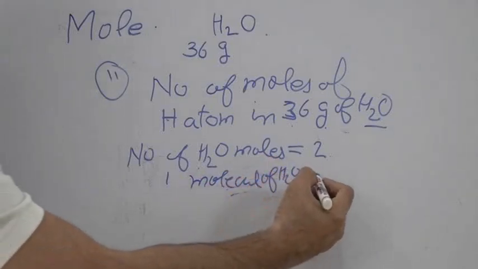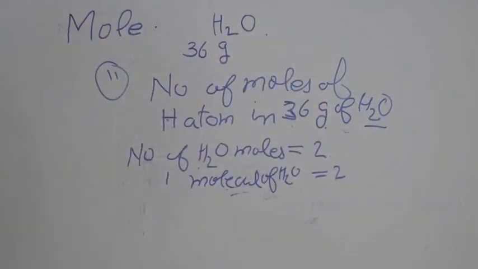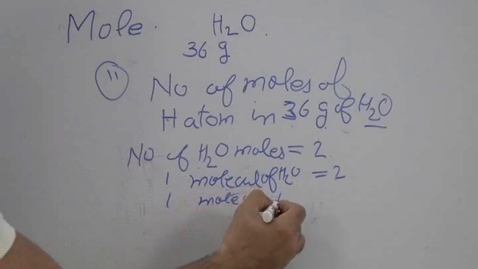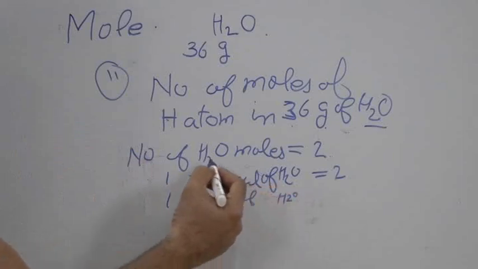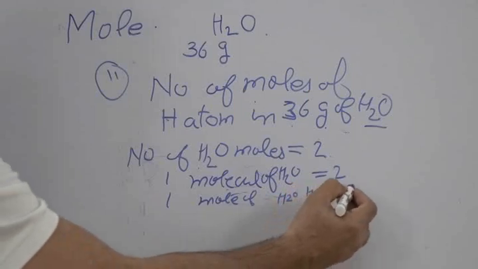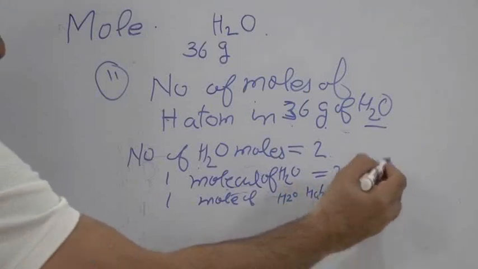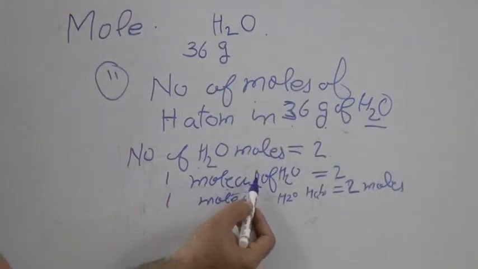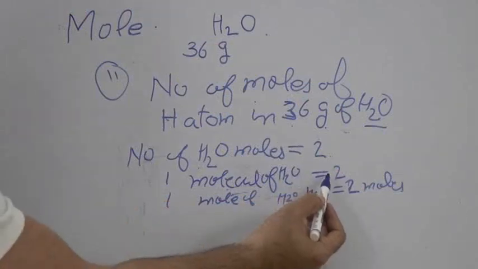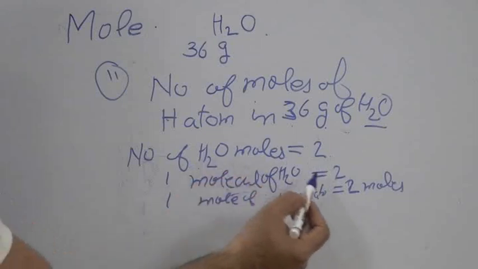Number of hydrogen atoms is how much? 2. Therefore, in 1 mole of H2O, number of hydrogen atoms would be how much? 2 moles? No. In 1 molecule of H2O, number of H atoms is 2.